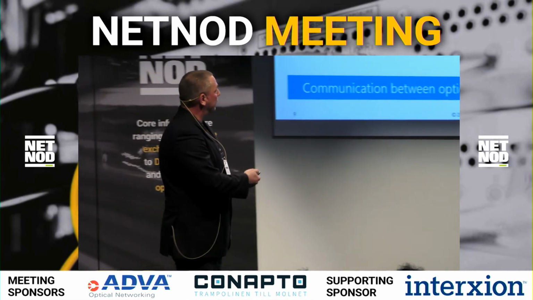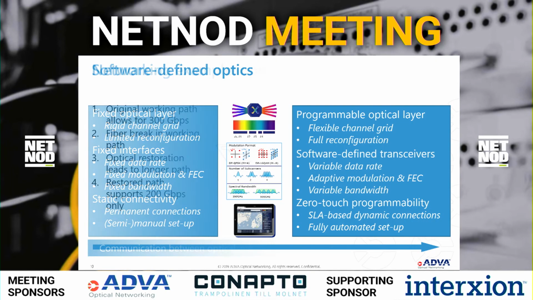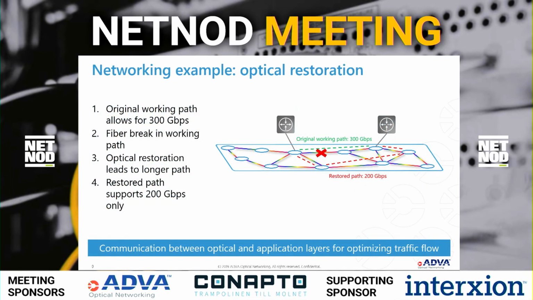So here we can see an example. We have a router, I'm trying to point, a router in Gothenburg and a router in Stockholm. We have an optical layer in between. We have originally planned a 300 gigabit service going through this. And we have enabled optical restoration in this optical layer.